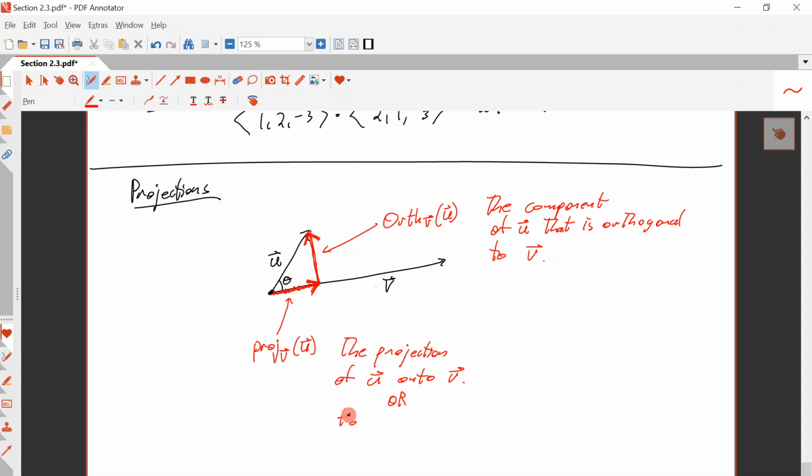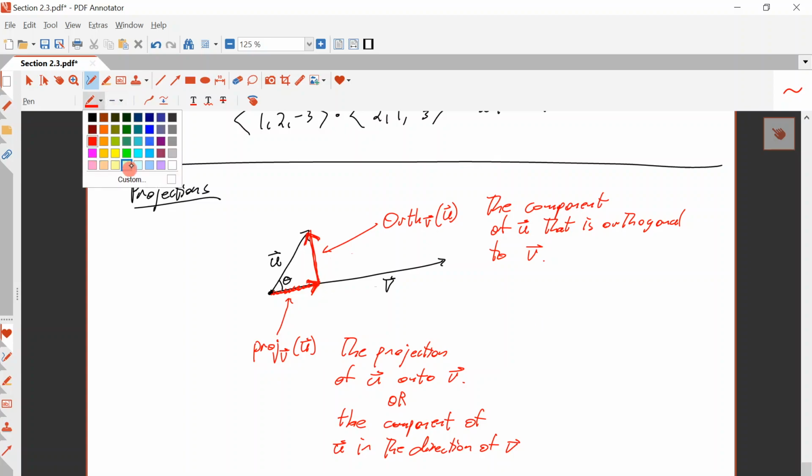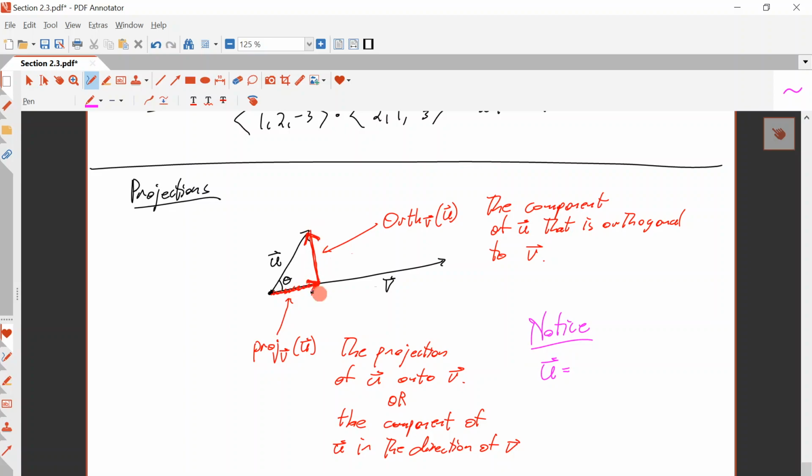So that's the component of u in the direction of v, the projection of u onto v, and that's the component of u perpendicular to v. And notice that u is equal to the sum of these two vectors.